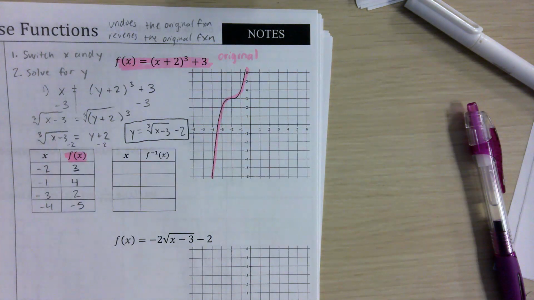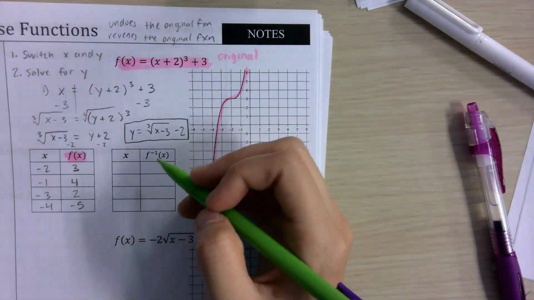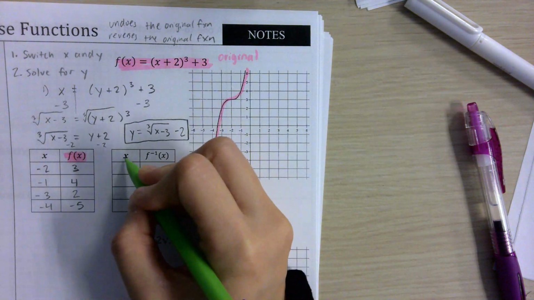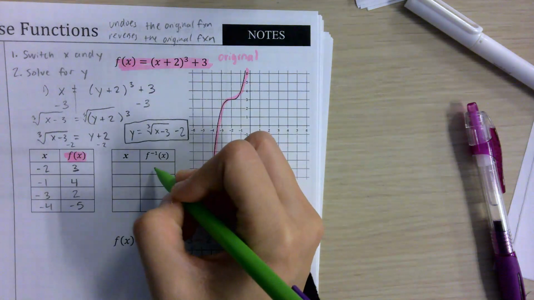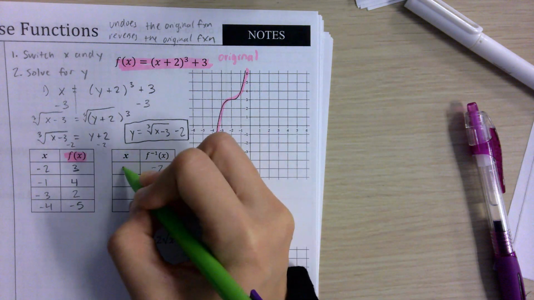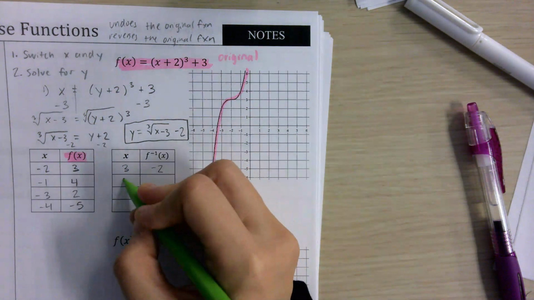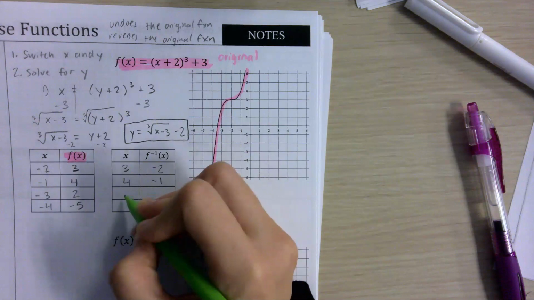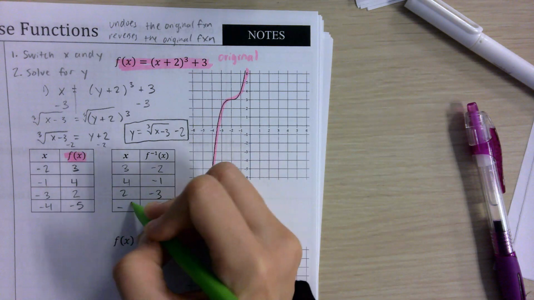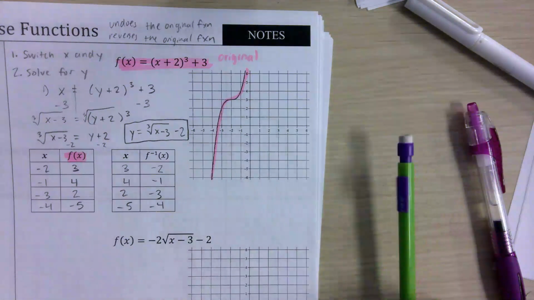So the cool thing about an inverse function is you actually just flip the points, right? So what was x now becomes y. Just switch the numbers: 3, negative 2; 4, negative 1; 2, negative 3; negative 5, negative 4.